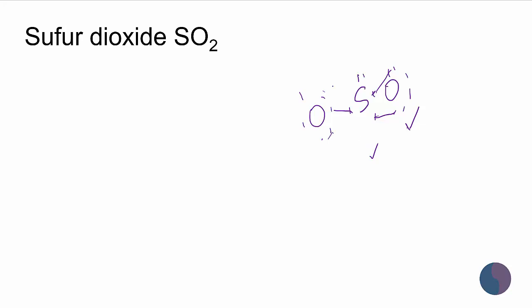Sulfur's period 3. I hope it's not breaking the octet rule. 1, 2, 3, 4, 5, 6, 7. I can't do another bond, it'll break the octet rule. I'll have to do a dative, and I'll have to disrupt that, make that dative. And that's still not okay. 2, 4, 6. This one will be okay then. 2, 4, 6, 8. And then that doesn't work.